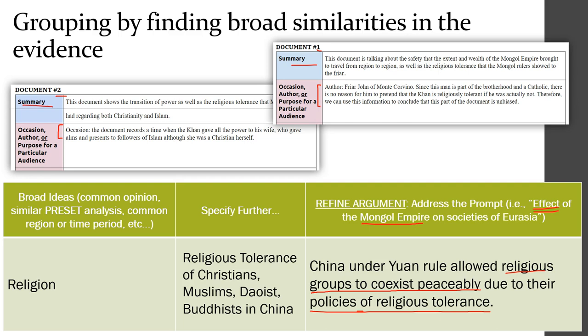Now be able to take the 1, 2, or 3 arguments that you're making, refine them and make sure each is something this short. It should not be longer than a sentence, because you have to be able to group all of that together.